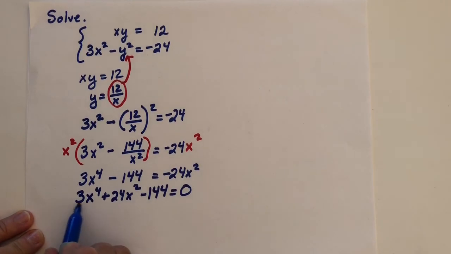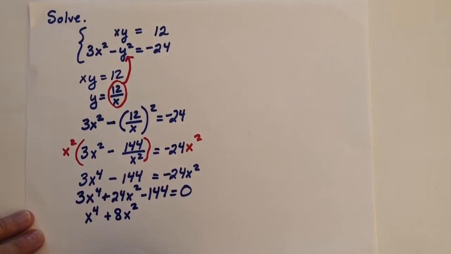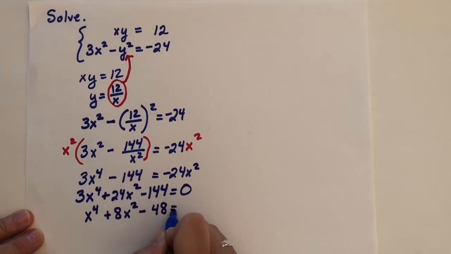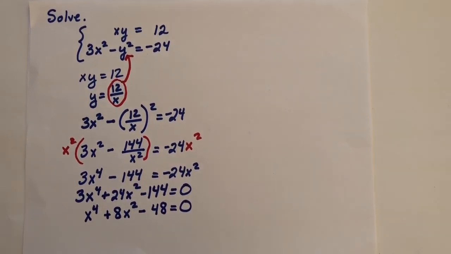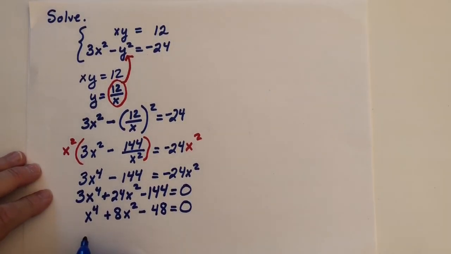So if I divide both sides of the equation by 3, I'll get x to the 4th plus 8x squared. Let's see, 144 divided by 3 is 48, so minus 48 equals 0. Now this isn't quadratic, but it's quadratic in form, so it kind of acts like a quadratic equation. We can solve it by factoring.